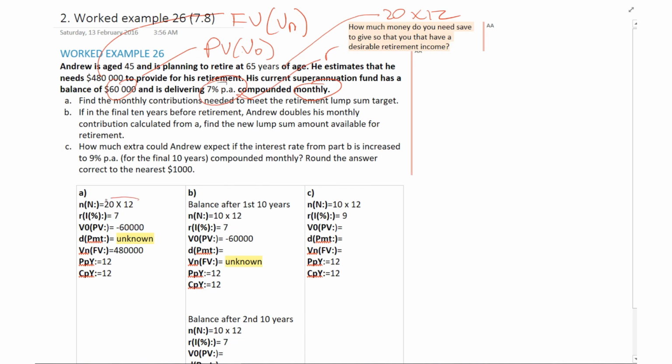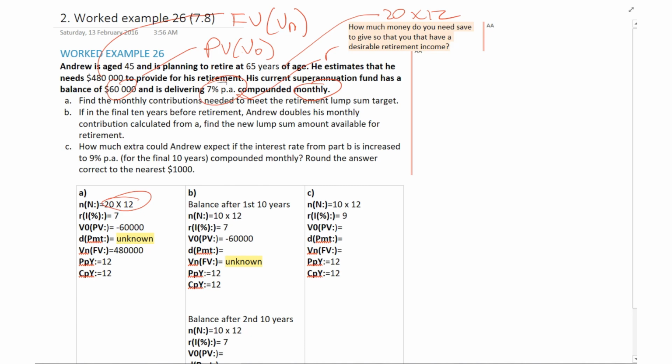Remember, you can just type that into your calculator and it will give you the answer, so you don't have to go, oh, what's 20 times 12? It will give it to you. Put 7 in. Remember, in terms of using the Finance Solver, I'm putting 60,000 in, so I put minus 60,000. My FV is 480,000 because that's what I'm going to be given at the end.